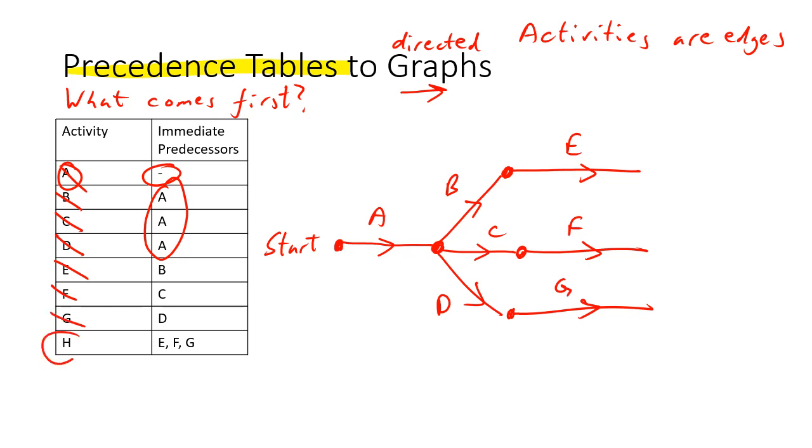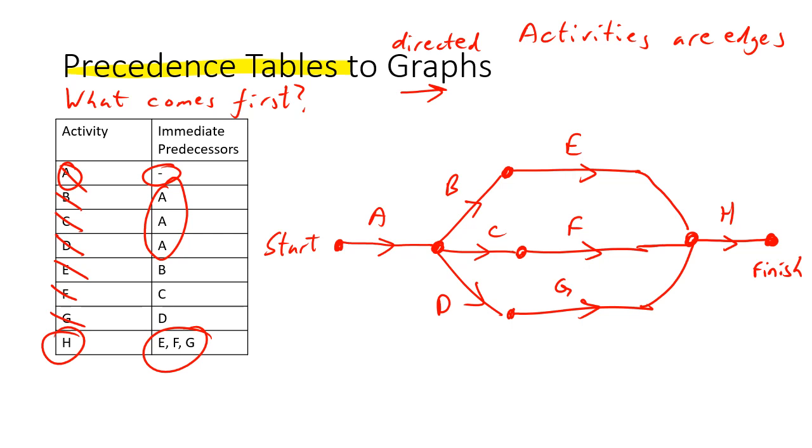But H here needs E, F, and G. So what we can actually do is bring them all together into one beautiful node. You can do bendy lines. It's okay to do bendy lines. Do an arrow, and that's H. So H is all working out there. And our last node to finish it off, funnily enough, is the finish. It's okay to have bendy lines in your diagrams.